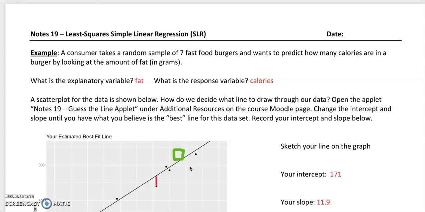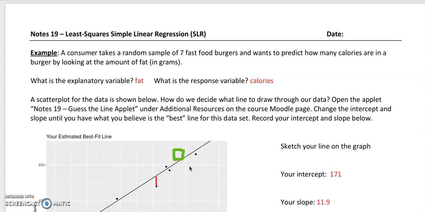We'll start with an example. Let's say that a consumer goes out and gathers a random sample of 7 fast food burgers. So, a pretty small sample, but they want to see if they can predict how many calories are in a burger by looking at the amount of fat. When we previously talked about having two quantitative variables, we talked about two different kinds.